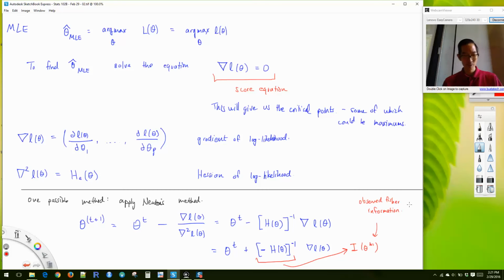The Fisher information is a little bit more complex, but one way to think of it is as the negative of the Hessian. It's the second derivative of the function, or the expected value of the second derivative of the function.